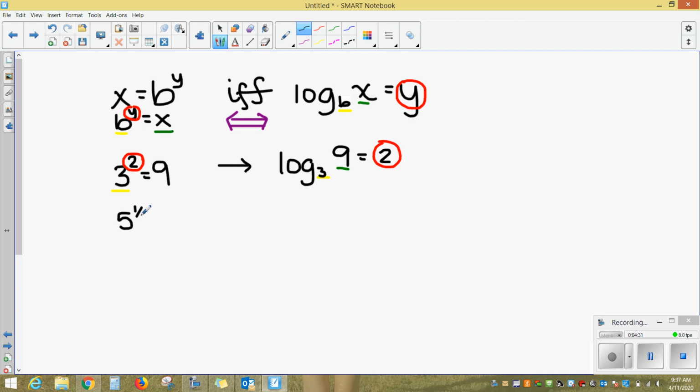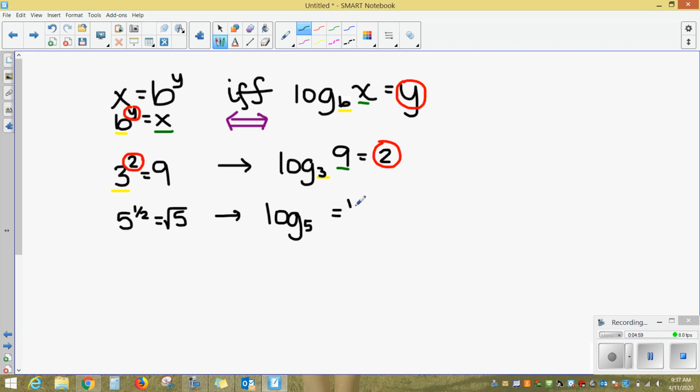If I have the statement 5 to the 1/2 power equals square root of 5, we read this guy in a circle. The base on the ground, b to the y power, across the equal sign equals the stuff inside, which is x. 5 is the base of the exponential part of the equation over here.